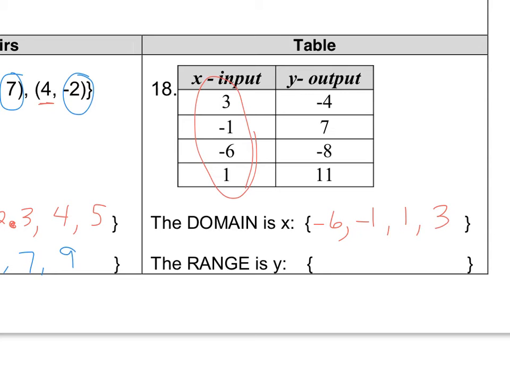That's our 4 domain values listed numerically. Now let's do our range. We've got a -8, -4, 7, and 11. That gives us our domain and our range. Notice that in discrete data, they're listed out separately.